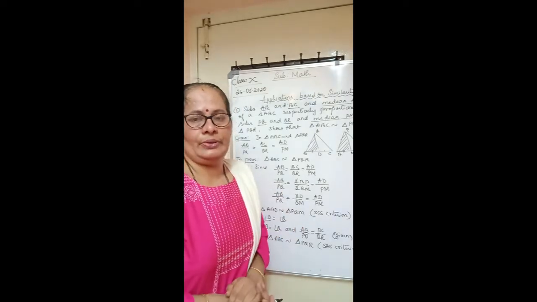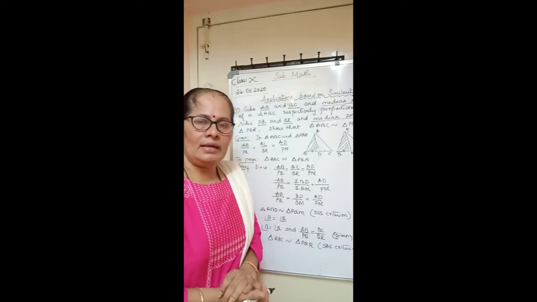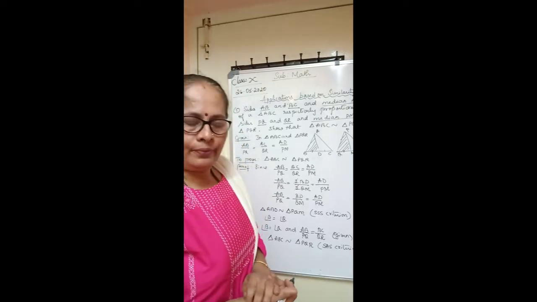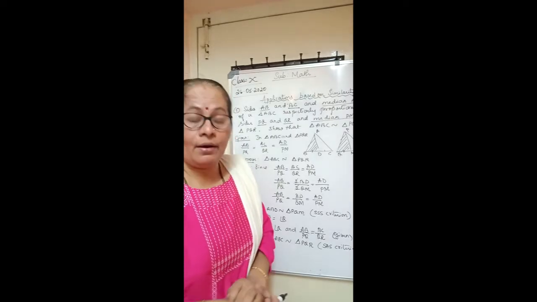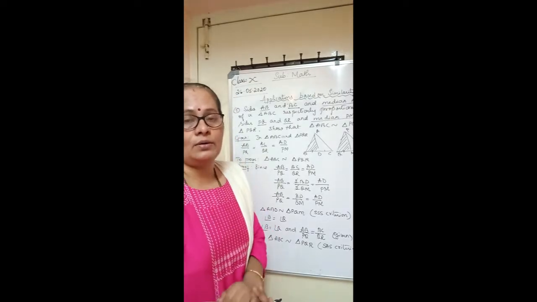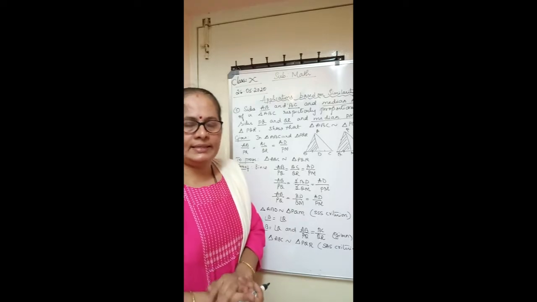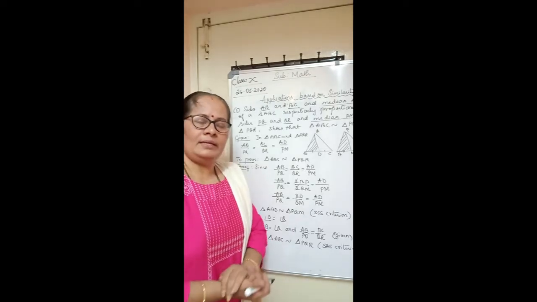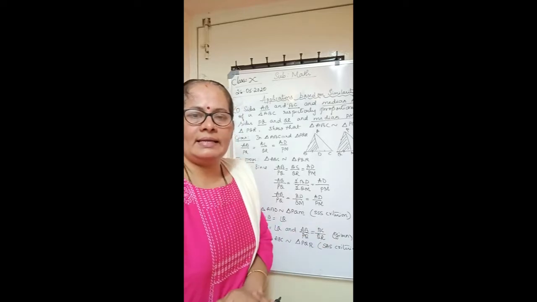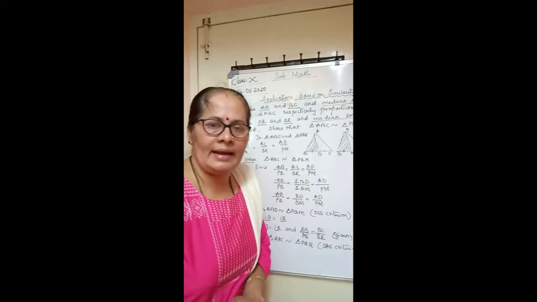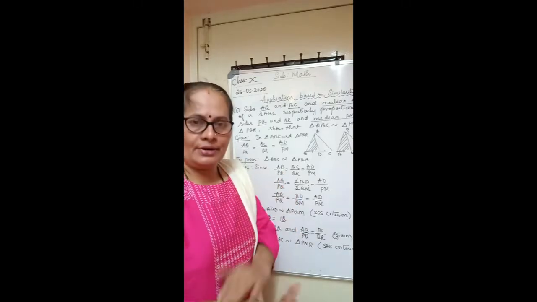Next we are going to learn a very important theorem which will be asked for 4 marks, that is areas of similar triangles. How will we find the areas of similar triangles using sides? Area of a triangle is half into base into height, and its unit is square units, right?